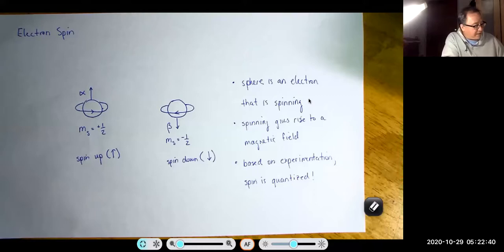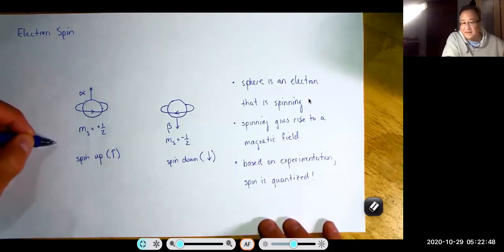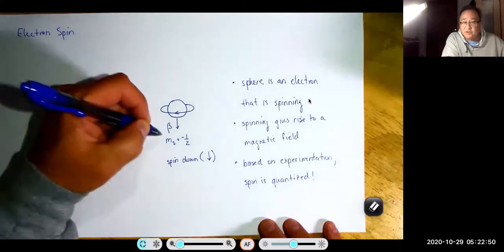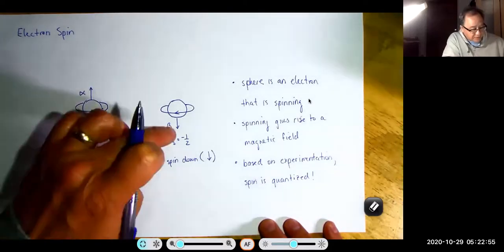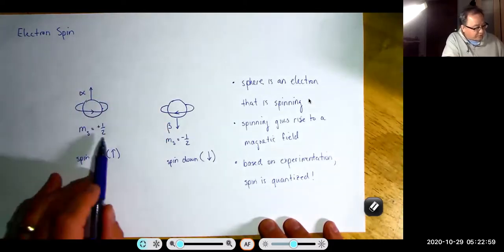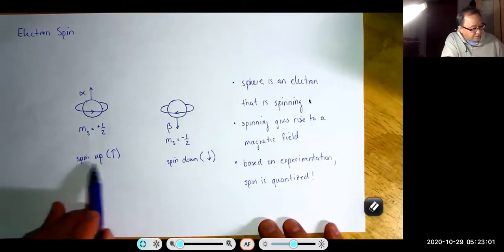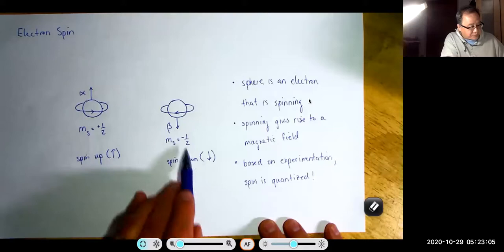But we give them plus 1/2 and minus 1/2 because it gives magnetic fields that are opposites. So if you had a north pole and a south pole on this magnetic field, it would be the reverse over here. So if this were north and this is south, down here, this would be north and this would be south. Now, for these m sub s values, we also use the term spin up if it's plus 1/2 and spin down if it's minus 1/2.